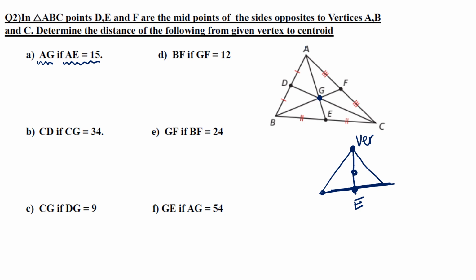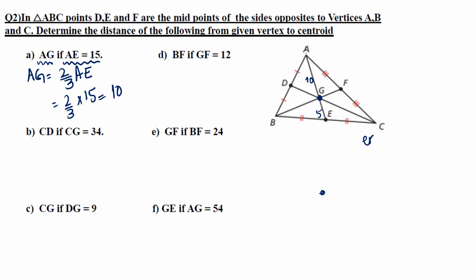Now this is the centroid. If the line is coming from the vertex, meeting at the center, and its relationship with the whole line is, we studied that AG is 2/3 of AE. It covers 2/3. So you will write 2 by 3, replace AE by 15. So you will get 10. So you can say that this is 10 and this is 5. So yes, this whole is equal to 15.